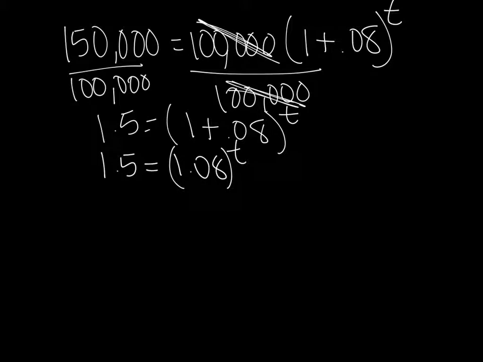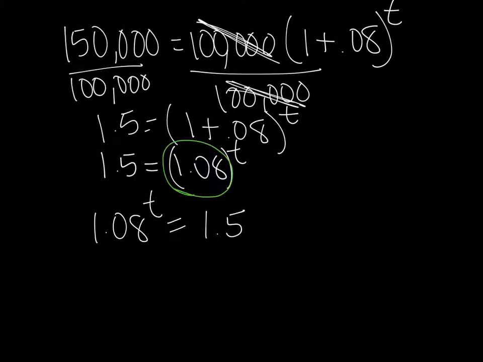We're going to circle our base, and we're going to switch these. Before we do that, let's put it in a pretty form. So we've got 1.08 to the T equals 1.5.